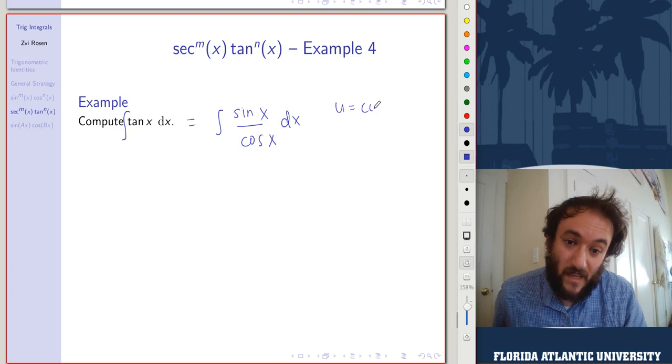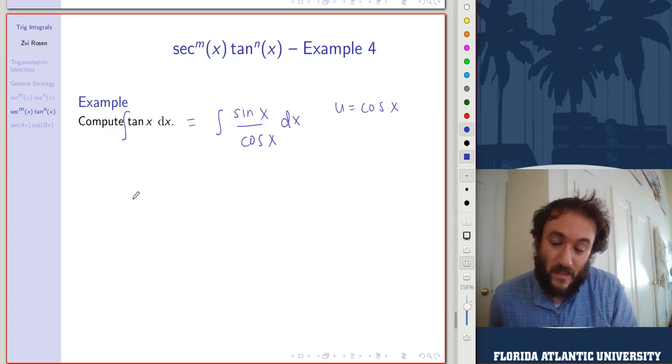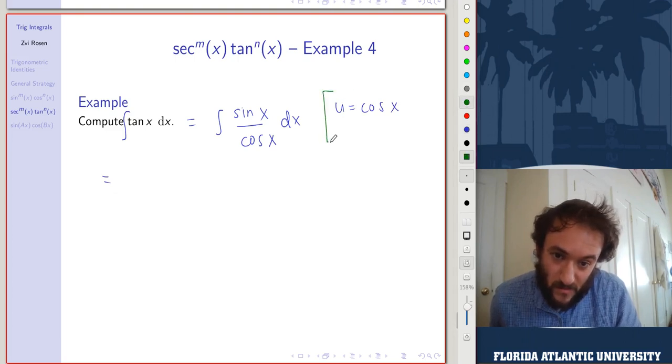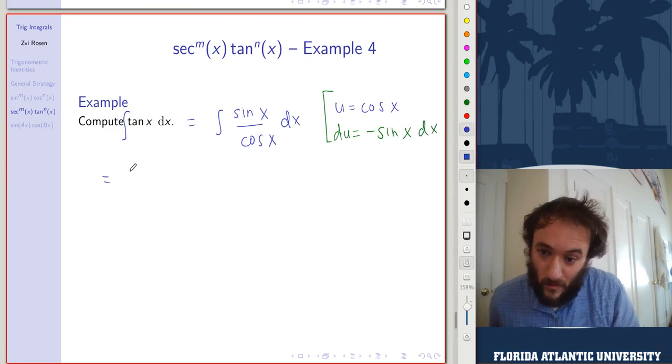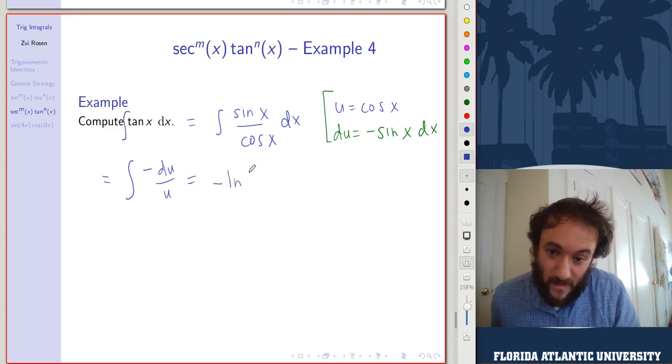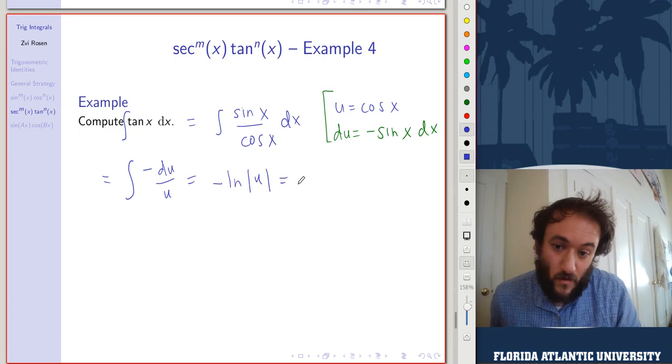If you do u equals cosine x, then du equals minus sine x dx, and this is equal to the integral of minus du over u, which will be minus ln of the absolute value of u, or minus ln of the absolute value of cosine x, plus c, of course.